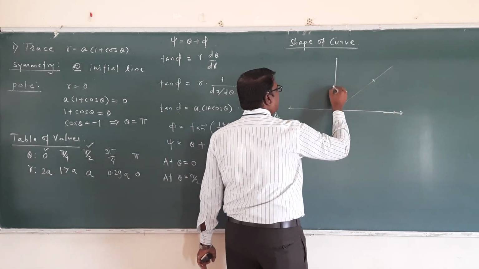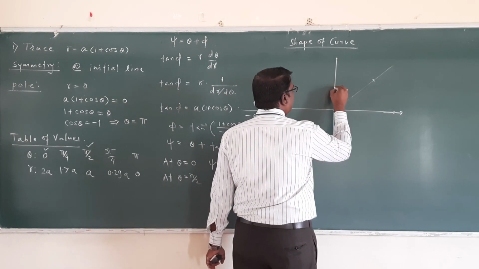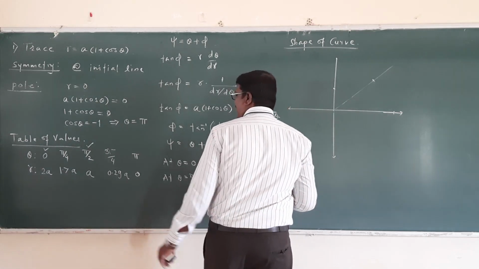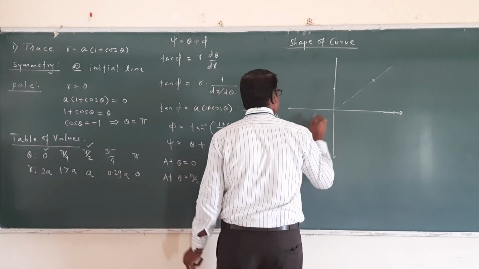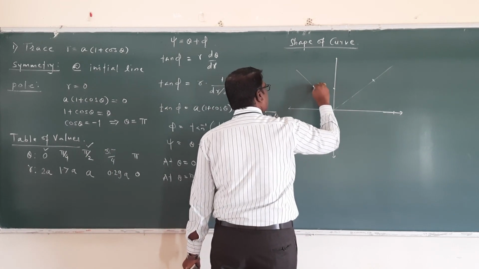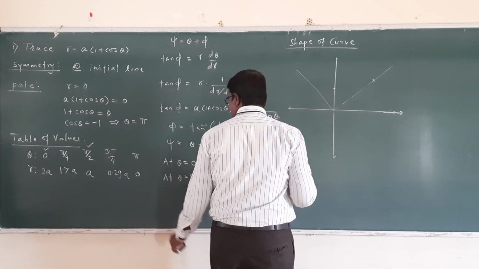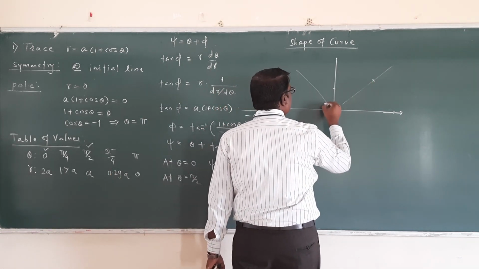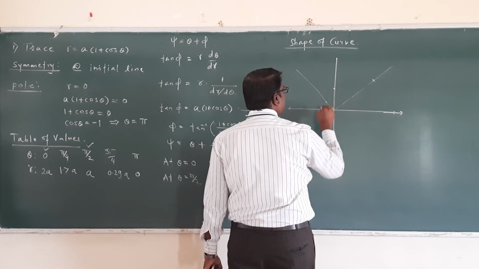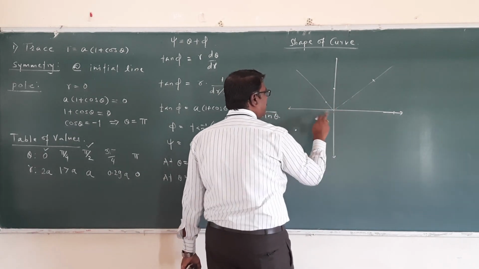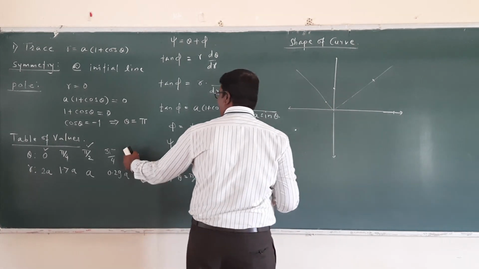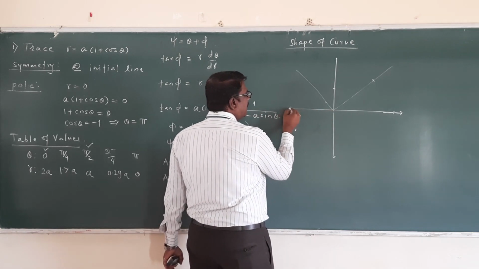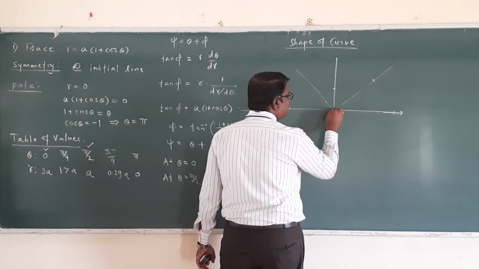So on the line theta is equal to pi by 2, the point is around 0.3, so it is like this. So this distance is 0.3 from the pole. And for theta is equal to pi, the value of r is 0, so this is the point.